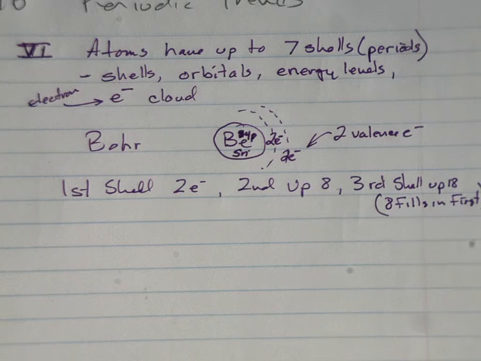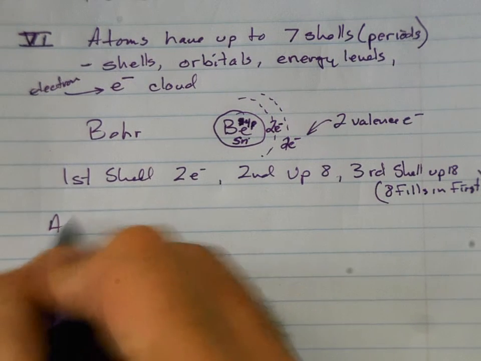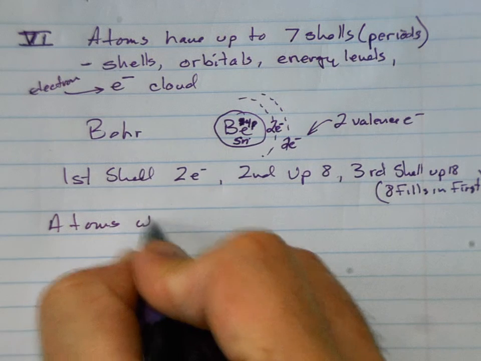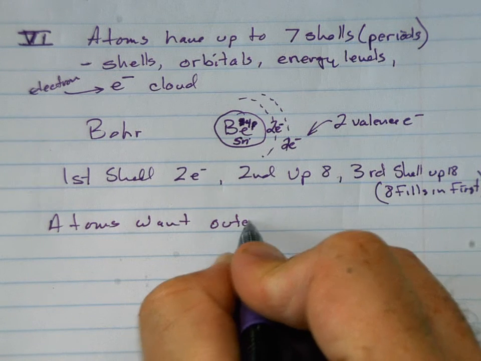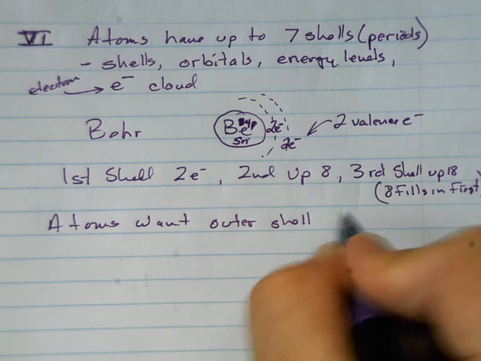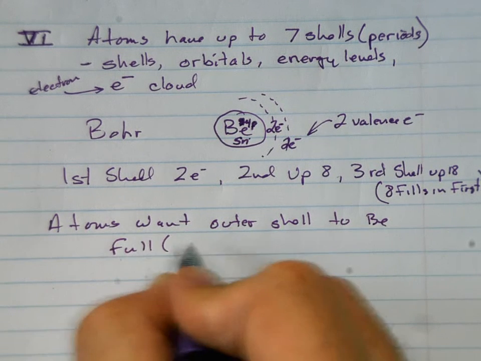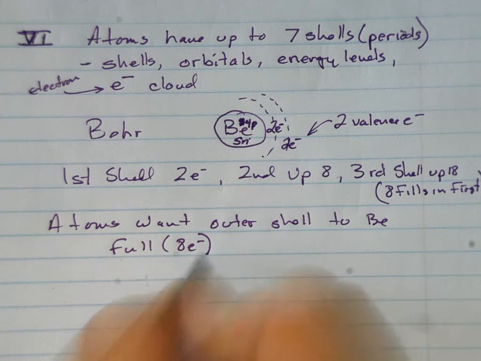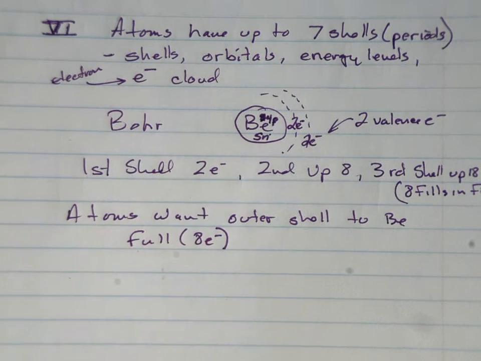So atoms want outer shell to be full, which means 8 electrons. All atoms want to do that. This is what drives chemistry.